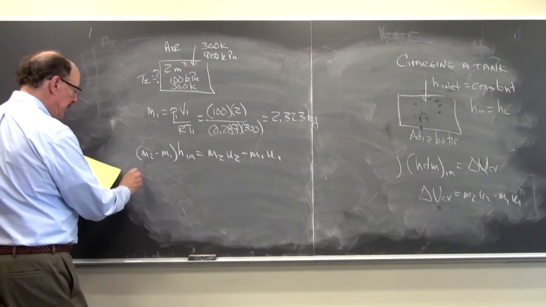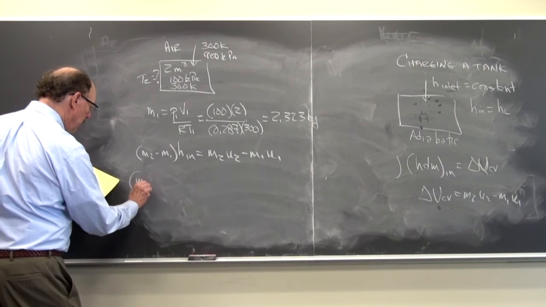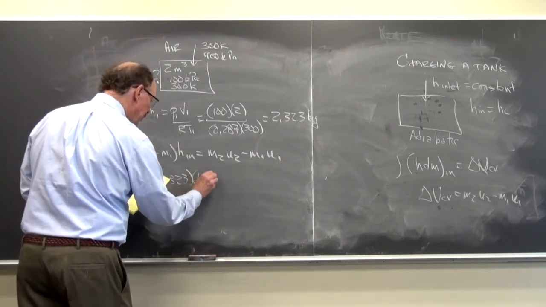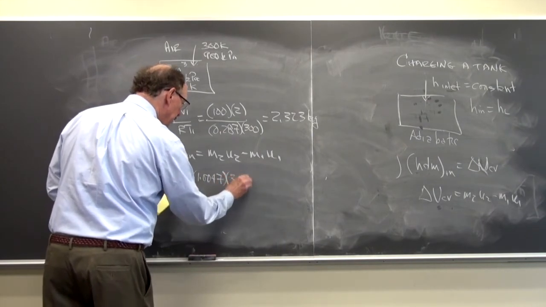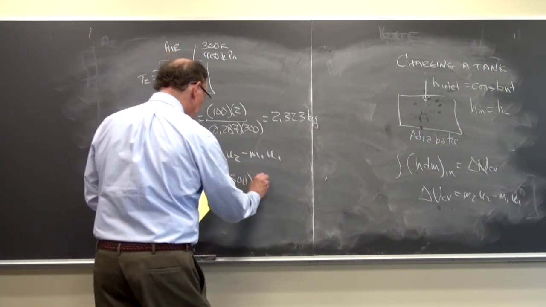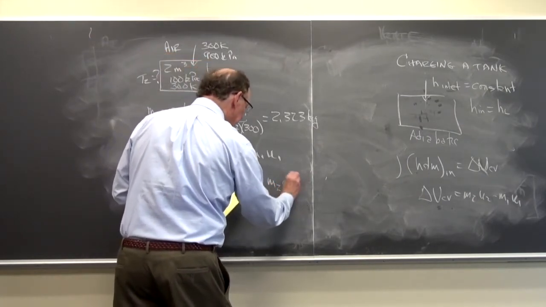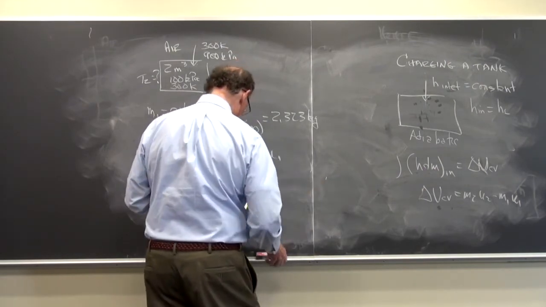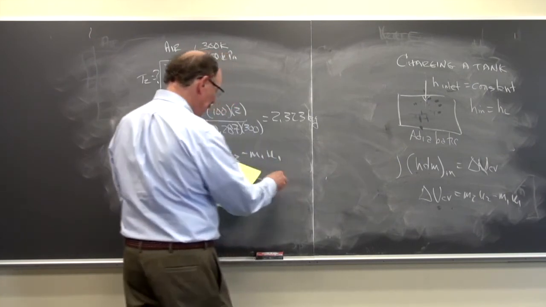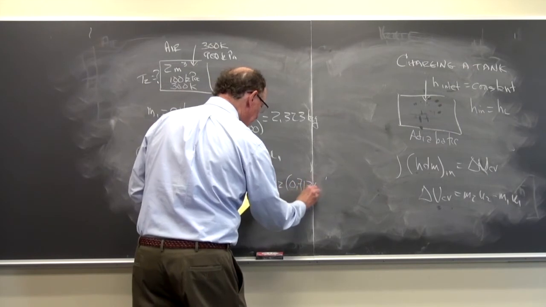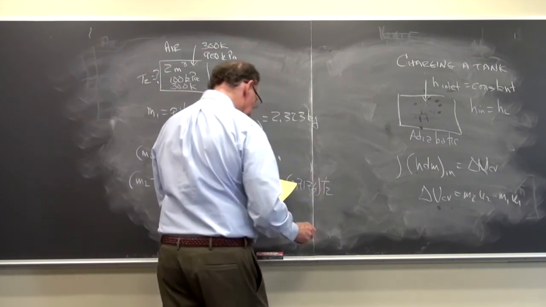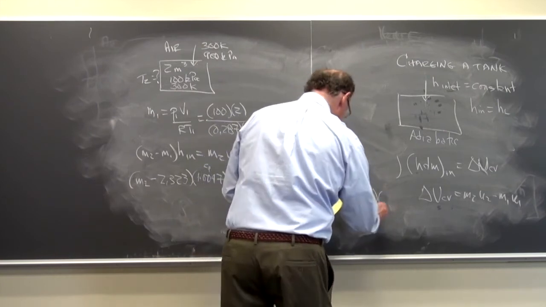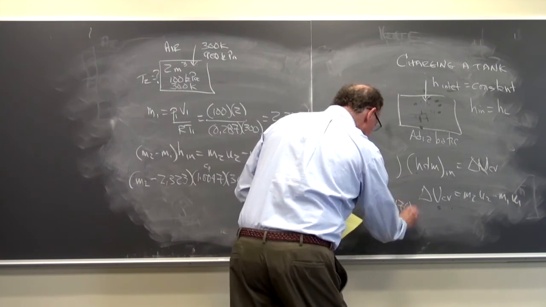If I substitute in what I know so far, I have M2 minus 2.323 times Cp, 1.0047, times Tn 300, is equal to M2 Cv T2, so M2 times the number for Cv, 0.7176, times T2, minus M1, 2.323 times Cv, 0.7176, times 300.